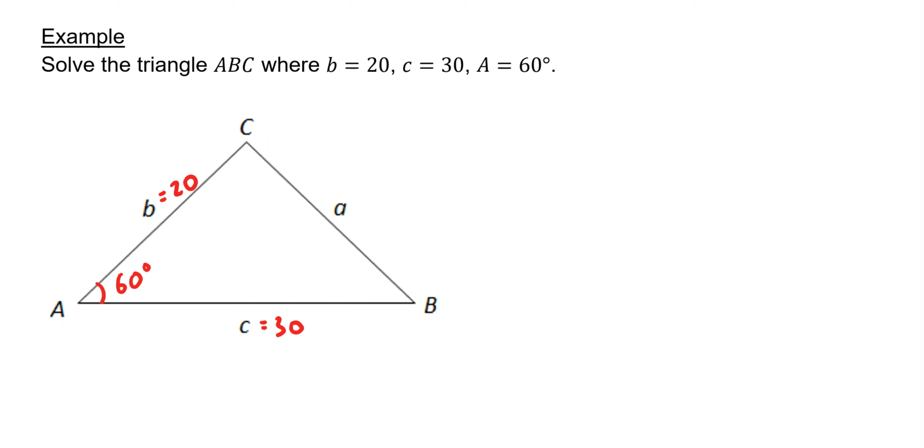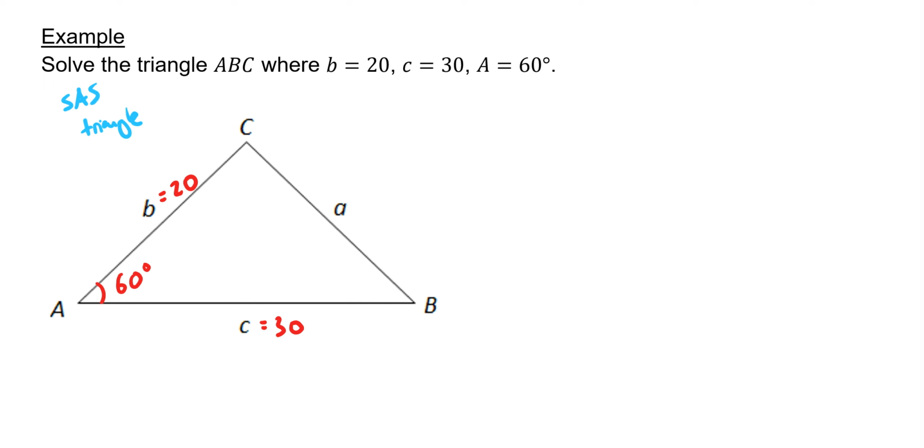So you can tell by looking at this, we have a side, and then just going right in order, we have an angle next, and then we have another side. So just going in order here, no matter which order you went, clockwise or counterclockwise, you would end up getting a side angle side triangle, right?